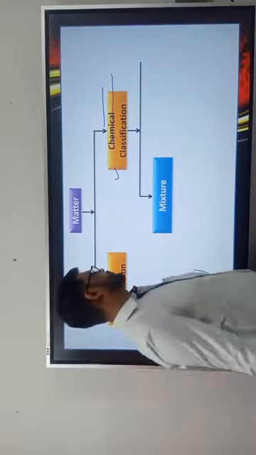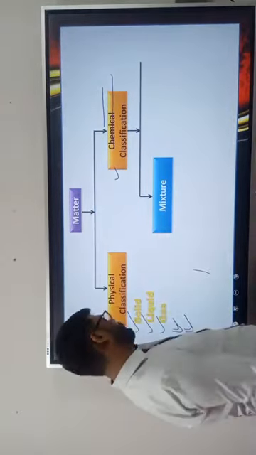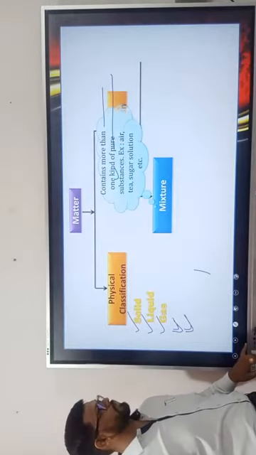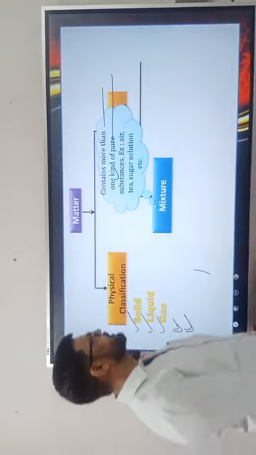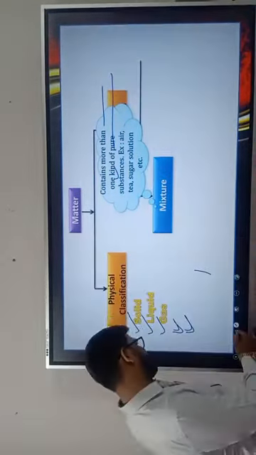Another classification is called chemical classification. It contains mixture. What is meant by mixture? Mixtures like air, tea, sugar solution are called mixtures. And another class is pure substance.